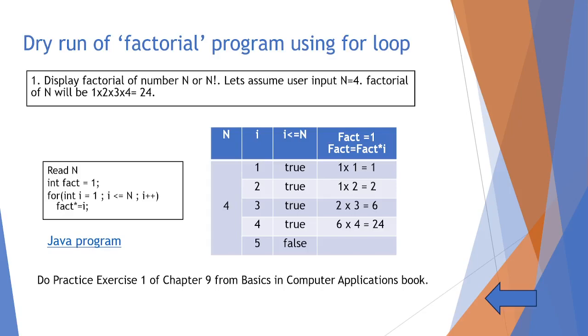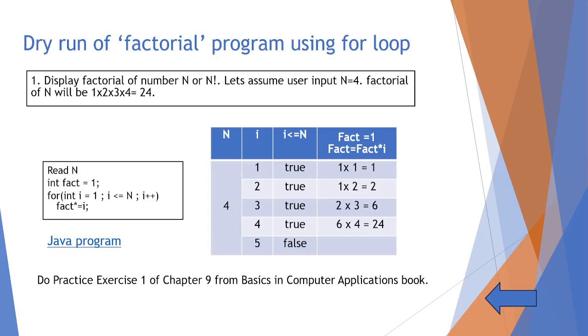Let's see the fact column. Initially fact has 1. Fact into i should multiply and then store in fact. Fact is equal to fact multiplied by i. In that case, i is 1, fact is 1, 1 multiplied by 1 is 1.